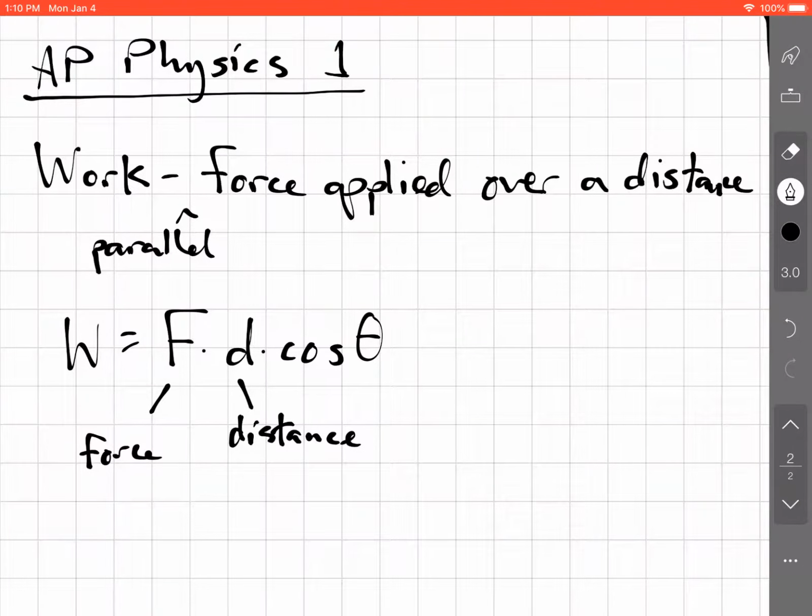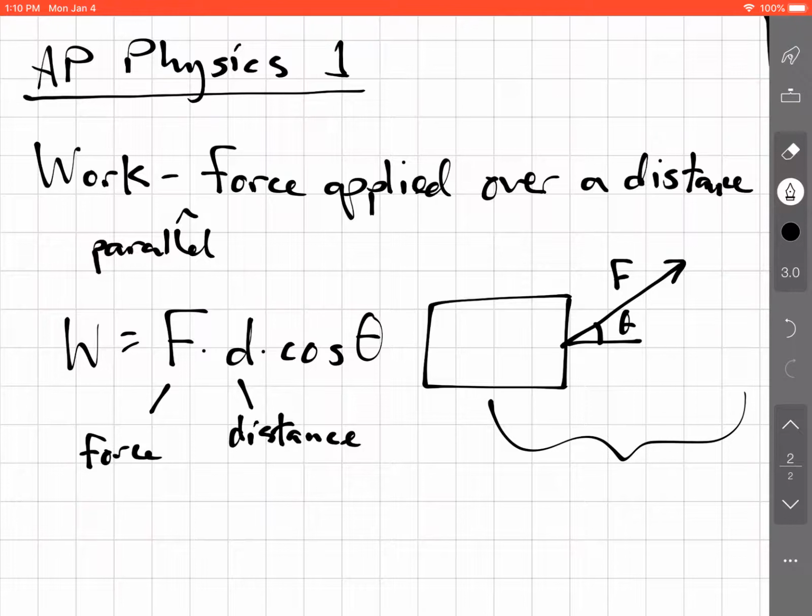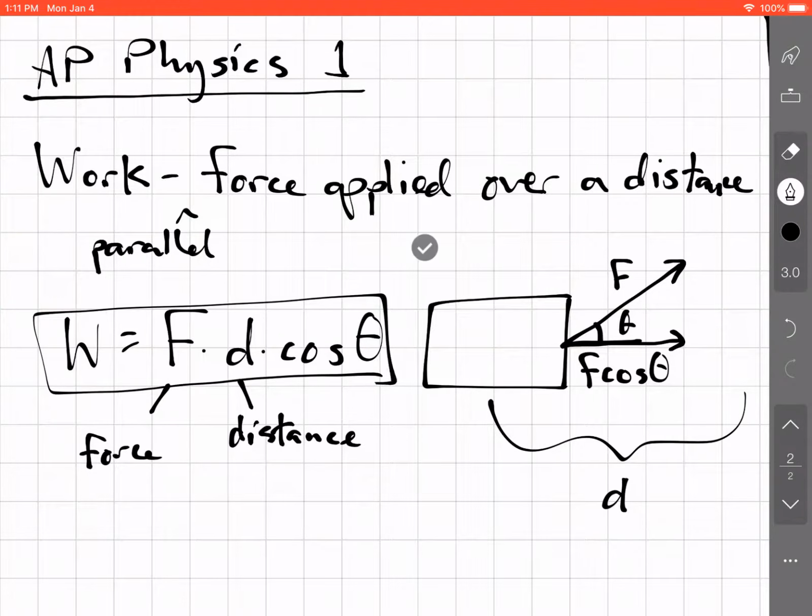So, the idea here is, let's say you have a box being pulled at some angle above the horizontal, which is theta, which is F. That you're pulling this over some distance D. Well, this x component of the force, which is in the same direction of the motion, is F times cosine theta because it's the adjacent side. So we have our equation of F d cosine theta for work. So that's our first equation that we're going to be dealing with today.